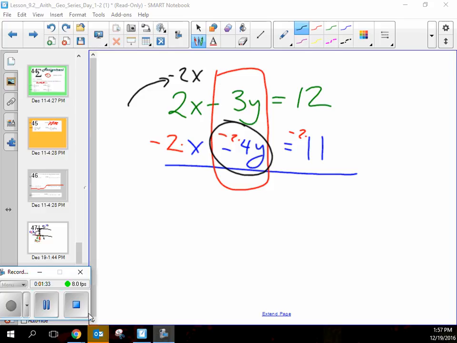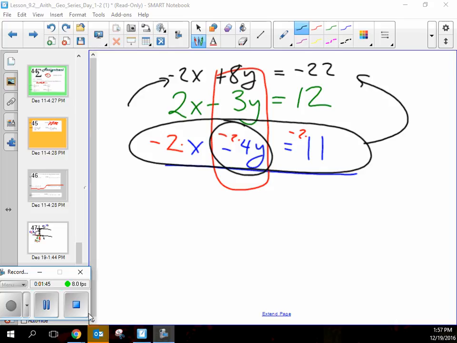Positive 8y equals 11 times the -2? -22. All we did is multiply that out and put it up there. I'm about to erase the blue one, so if you haven't caught up, catch up now.